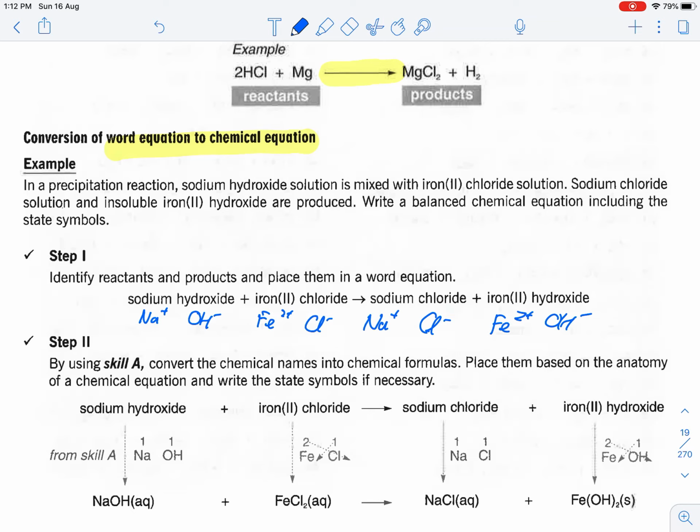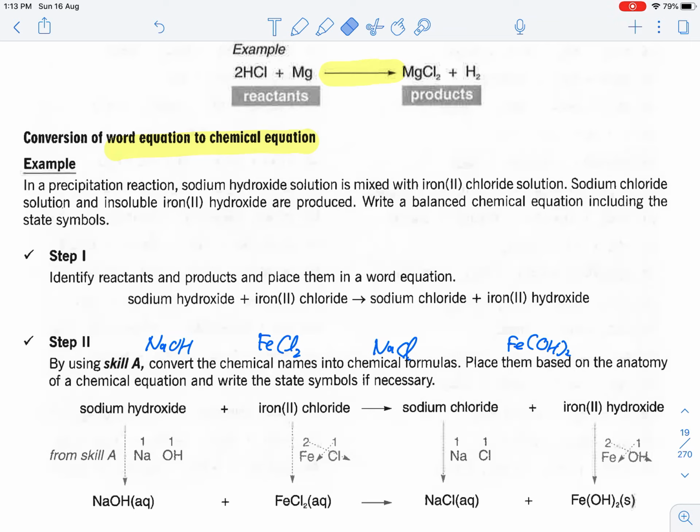Now this one is to help you write the chemical formula. So sodium hydroxide will be NaOH, then you can erase the other one. The other one is FeCl, right? So you cross it, it will be FeCl2. Then sodium chloride, NaCl, because both are plus. Then iron 2 hydroxide will be Fe(OH)2.